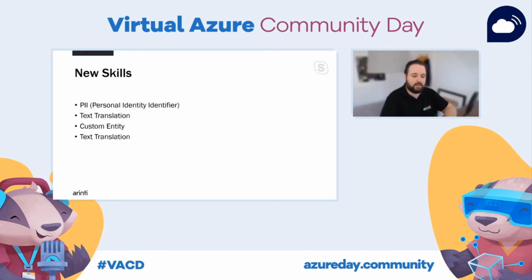Another feature that has been added is text translation, which actually could have been done already using the web API skills, the custom API skills, but now it's built in and you can just call it.